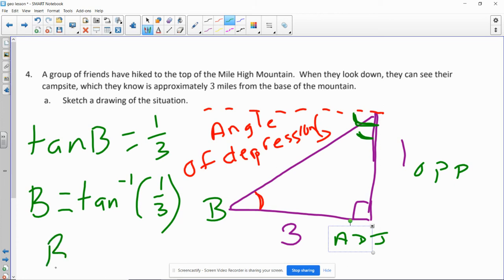And when I do that, I get 18.4 degrees. So the angle of depression is the same as the angle of elevation, which is 18.4 degrees.